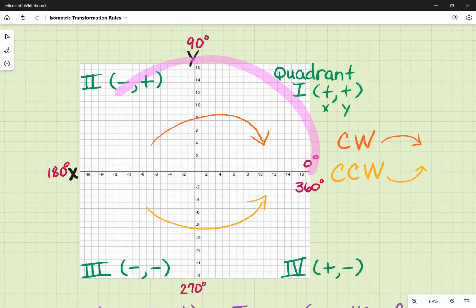Add another 90, 180, another 90, 270, and finally 270 plus another 90 gives me 360. It doesn't look like it, but that's a circle. You're going to understand this even more in future math courses, but for now, you should know that a circle measures 360 degrees, which is where we end up. So 0 and 360 will both end up on that x-axis there.